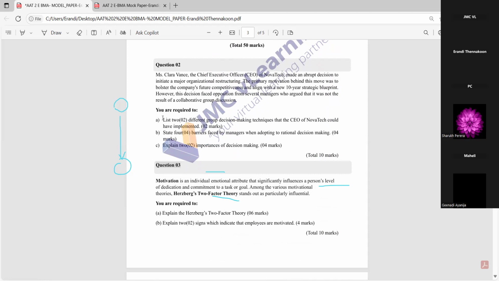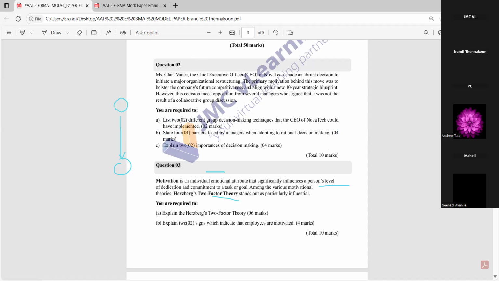They might ask you to list down. So you have to think about the marks you will get, right? So it says list, and you will get only two marks. So are you going to give examples? Are you going to explain it? No. Only list two differences, right? And then state, and you will get only four, right?